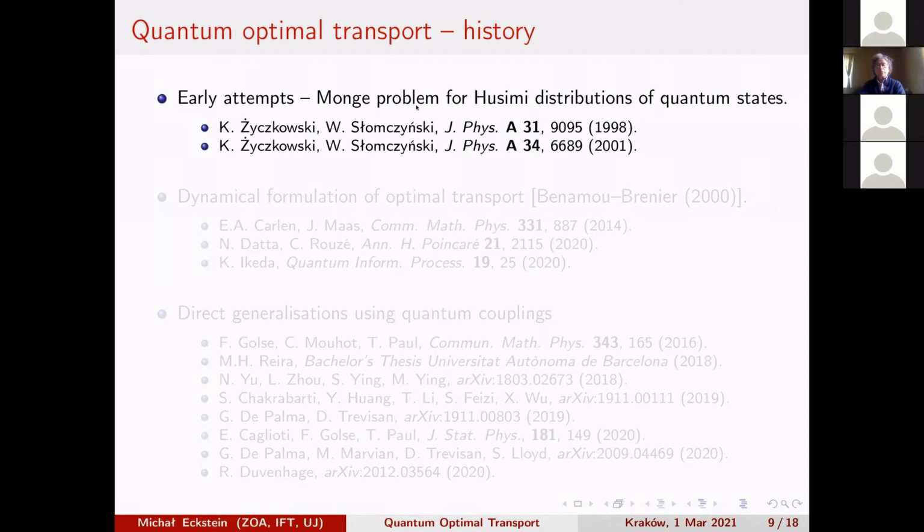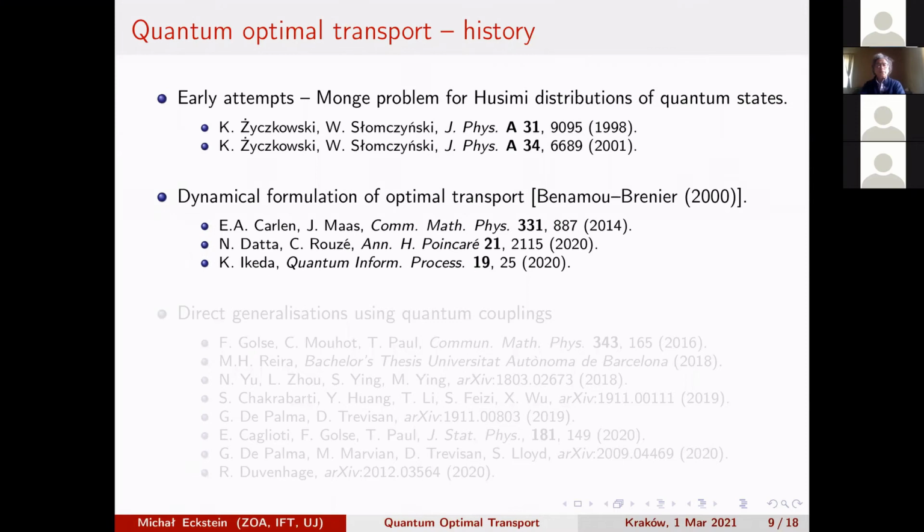They were concerned with some Husimi distributions of quantum states, and they defined a Monge problem for them. Roughly the idea is that you're not working with the quantum states directly, but you transform them into some probability distributions, and for these probability distributions you can formulate the usual problem. So it's not a direct generalization with marginals, but a specific setting. But it was one of the ideas.